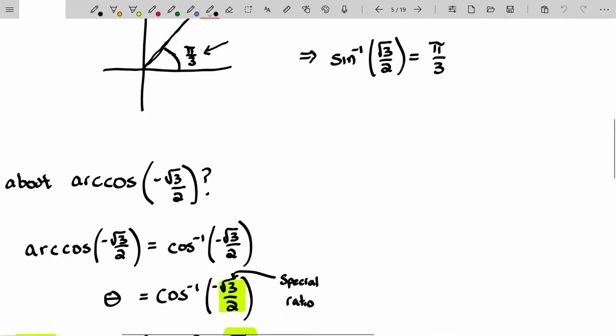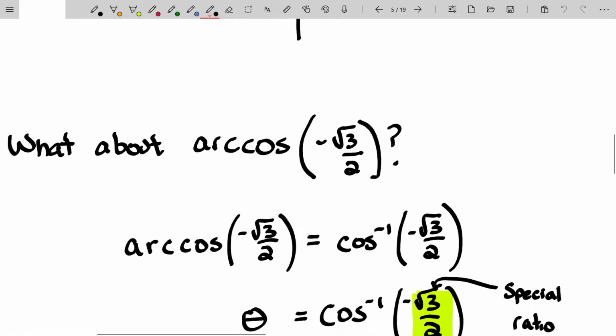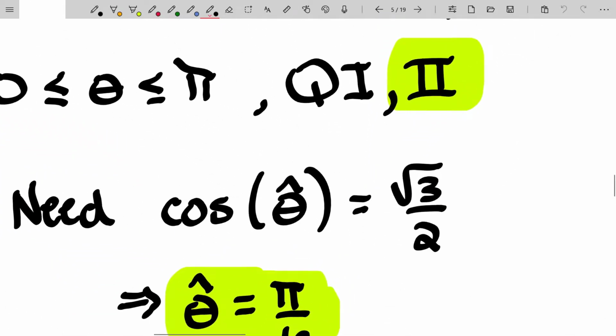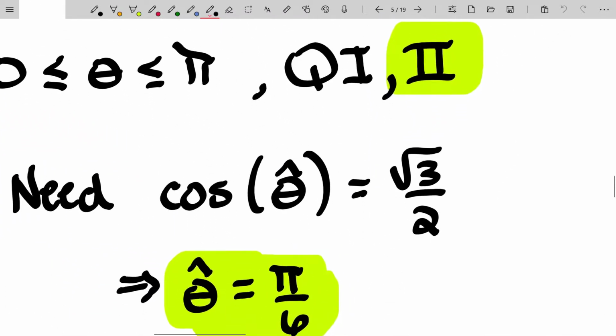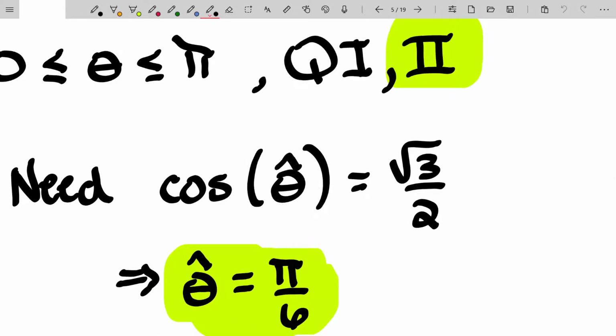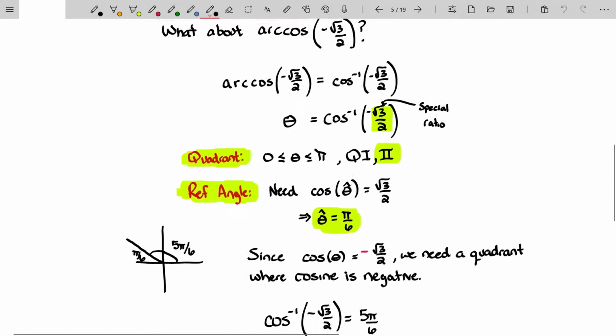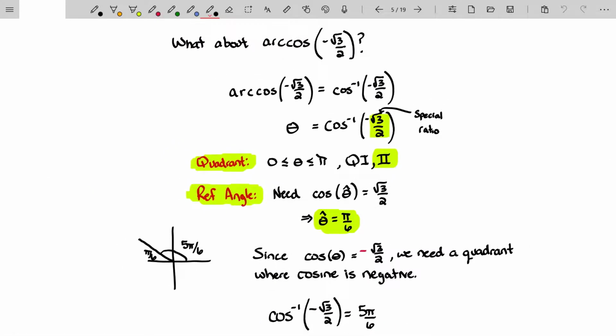When I worked with the arc cos of negative root 3 over 2, again, I looked for the reference angle associated with positive root 3 over 2. So every single step of the way, I'm not worried about the negativity of the ratio until I'm trying to find the quadrant. That's the only reason the negativity of the ratio exists, to help me find the quadrant, not the reference angle.